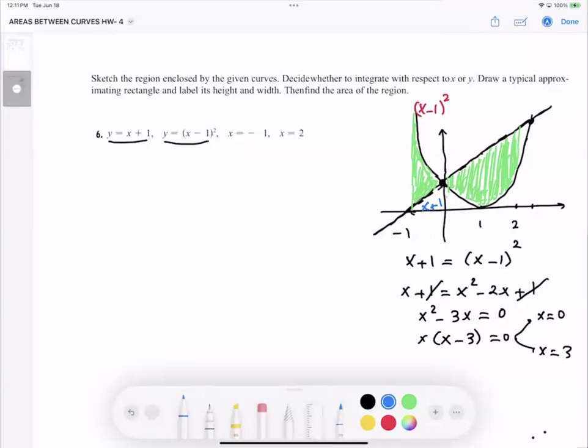And when it's between 0 and 2, you have x plus 1 as the larger y value, and the smaller y value is (x minus 1) to the second. Okay, let us set this up and start doing the calculation.